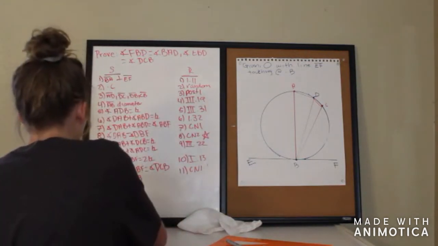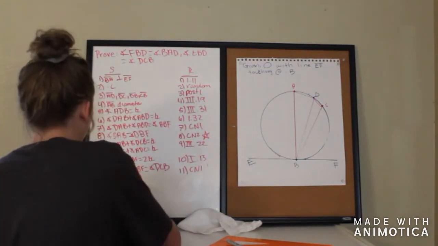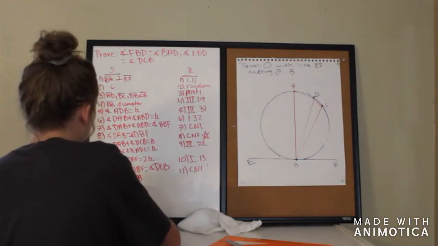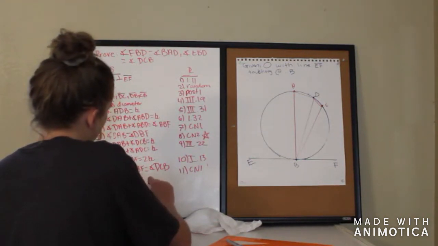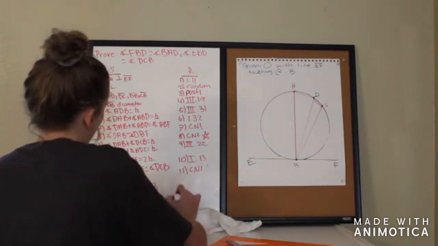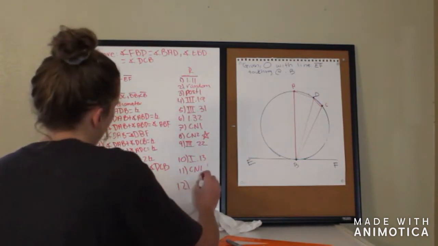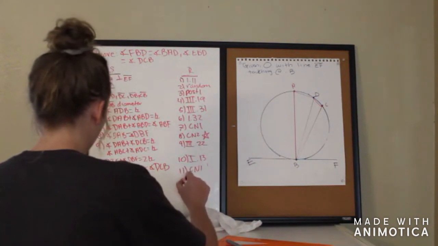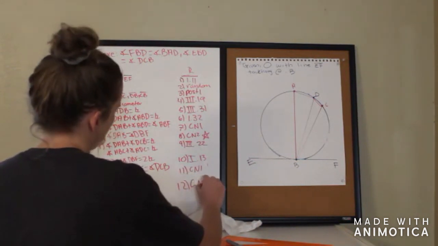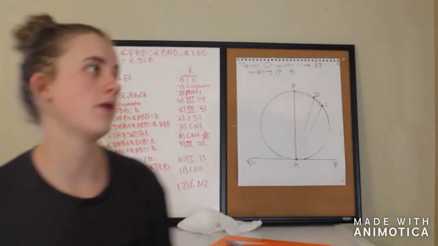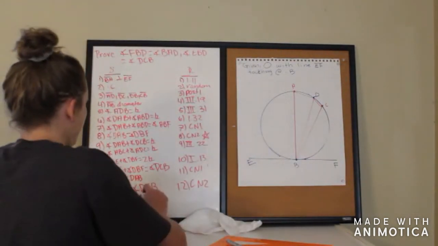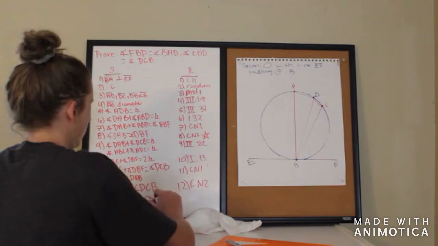If we subtract them, that's going to leave us with angle EBD is equal to angle DCB. We know that because of common notion 3, which says that if equals are subtracted from equals, then the remainders will be equal. And we can finish this proof with QED.